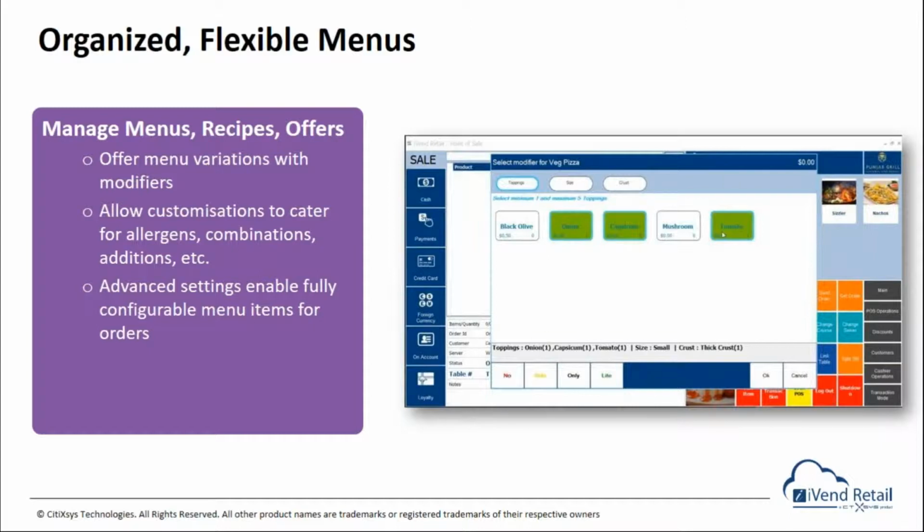For example, if you would like to sell pizza, let's say veg pizza, you may have different variants for the same pizza. You should not be creating different items in your system for every variant. Instead, we'll configure it as a modifier item with which the ingredients can be configured based on the settings available.